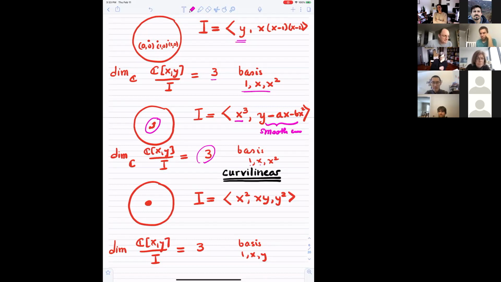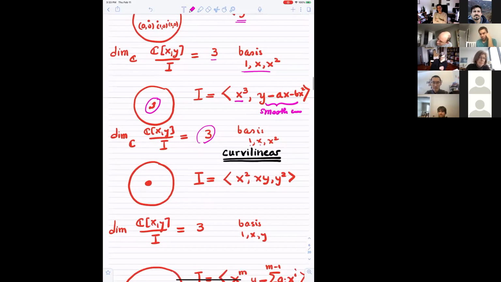But you see, there can be other more complicated things. So here's another thing that you can have: you can have the ideal generated by x squared, xy, and y squared, right? C[x,y] mod I also has dimension 3 now, with basis 1, x, and y. So this is slightly different in that it doesn't lie on any smooth curve, right?